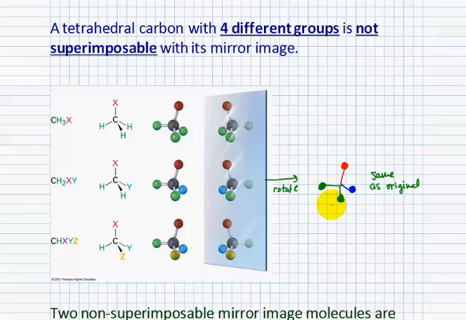So you could try to draw it carefully. If I drew it looking at it from that direction, in between the green ones, like that, it would look like this, and my mirror plane would bisect the molecule that way.